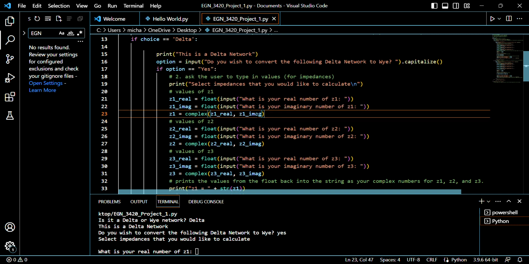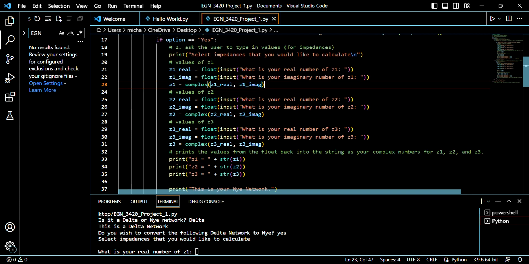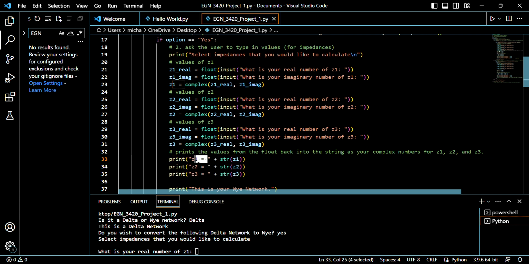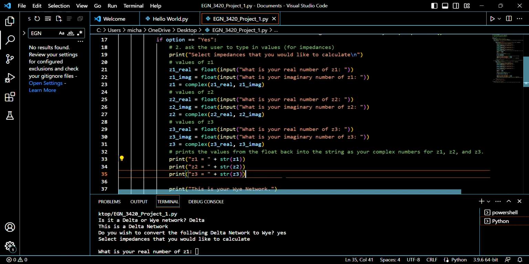It'll convert it to complex from those integers, and then down here it prints it back out as a string. These parts are the string, and this is the integer, but in order to print it out, I have to convert it back to a string, which was fairly simple and straightforward.